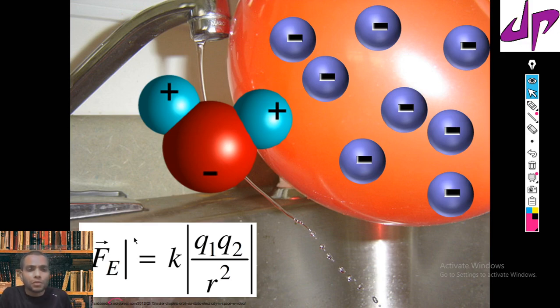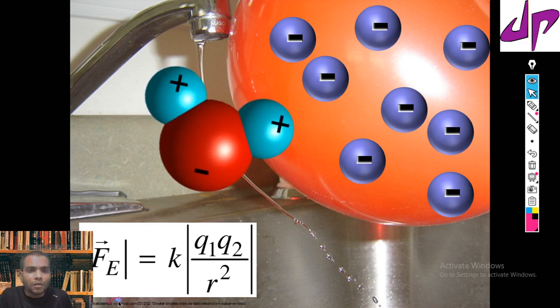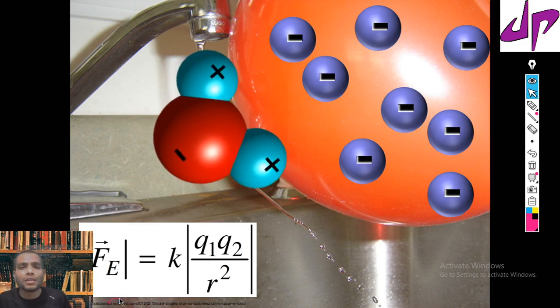So in simple words, if an electric dipole is present in an electric field, there is a torque which acts on this dipole. Because of this torque, the dipole starts to rotate within the electric field.